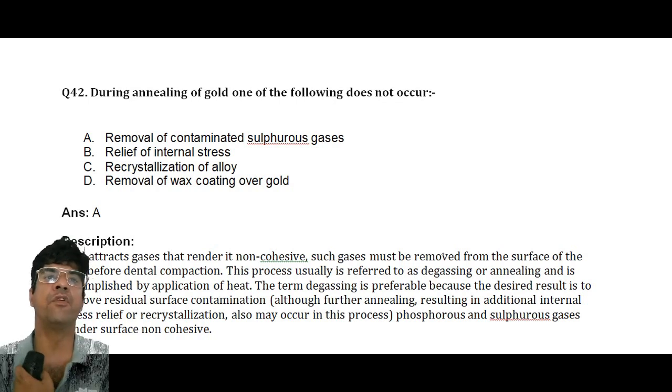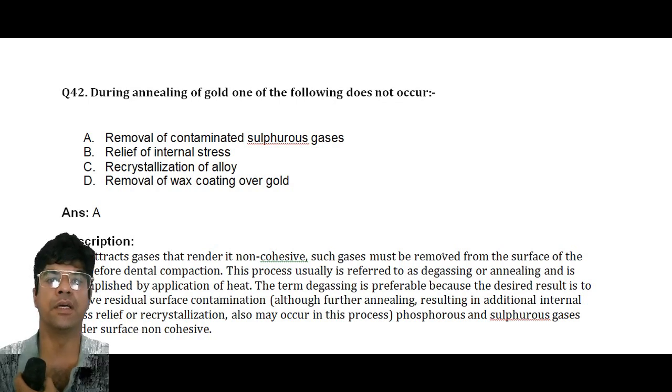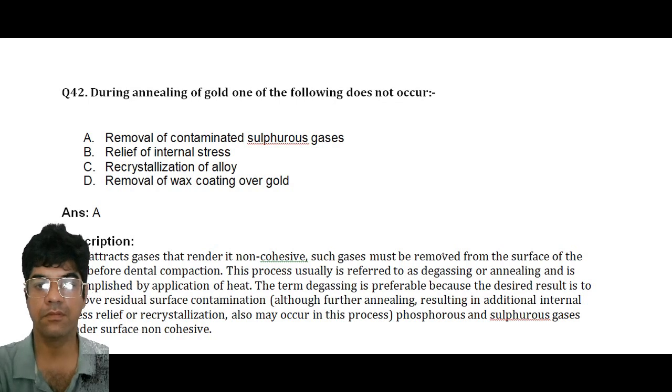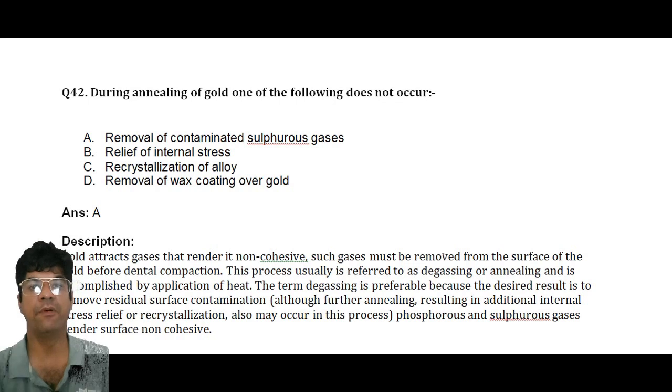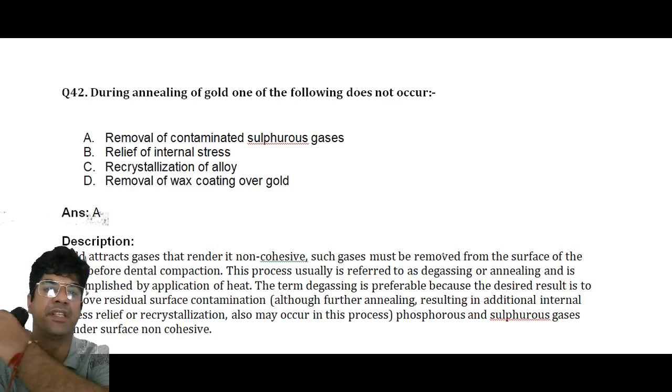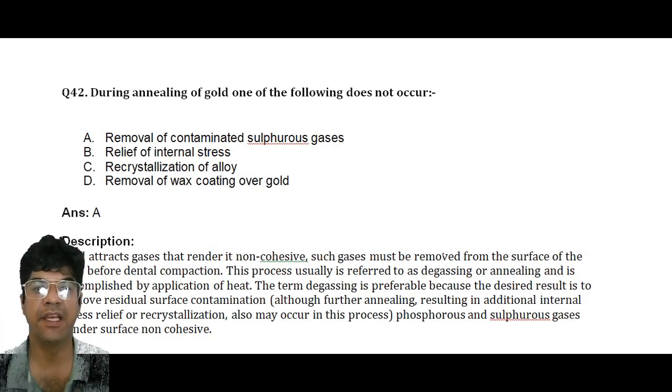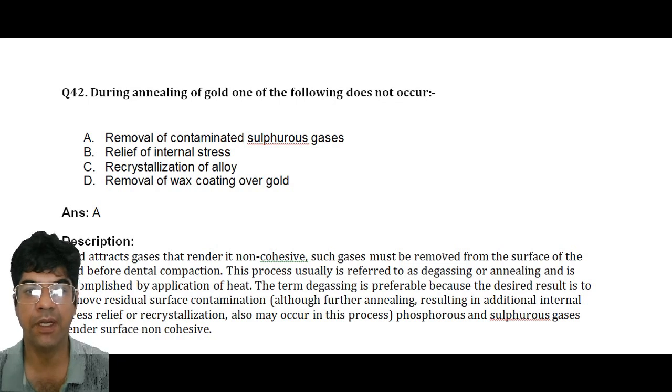So during annealing of gold, which one of the following does not occur? The first option is removal of contaminated sulfurous gases. That is a valid part of the annealing process for gold.